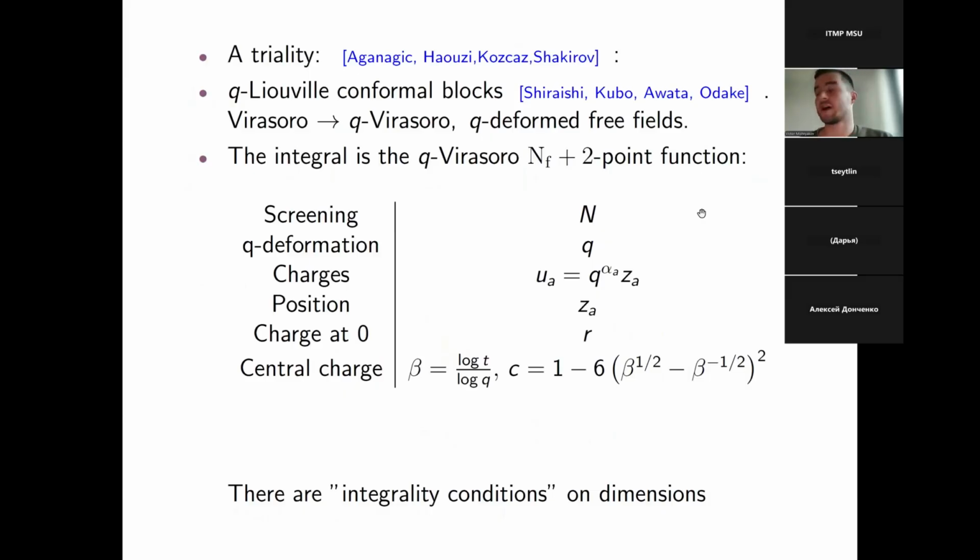operators. It is a two-dimensional conformal theory, but a Q-deformed version of it. I'm not going to explain in any detail what this is, but the Virasoro algebra has a well-known Q deformation, and one can construct Q vertex operators for it, so a full Q-deformed free field formalism, and therefore one can define Q-Virasoro conformal blocks, and compute them in a Q-deformed version of the Dotsenko-Fateev free field formalism.